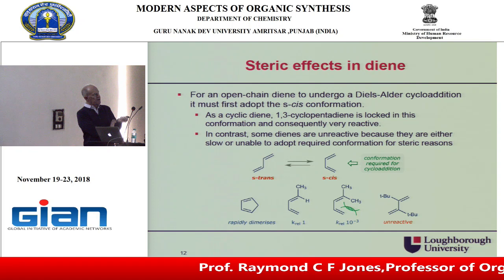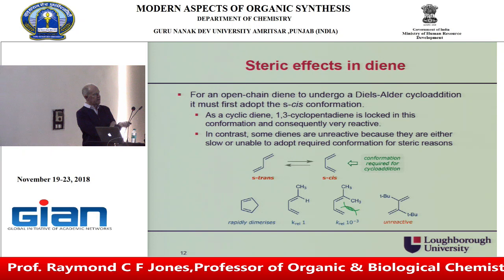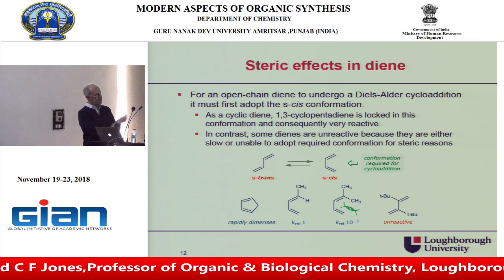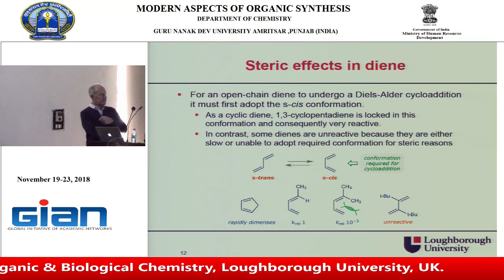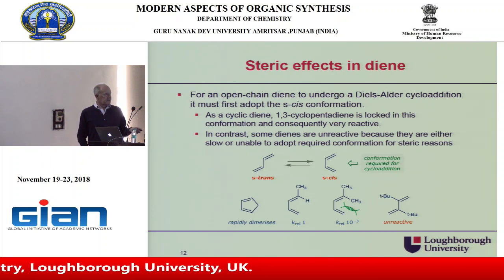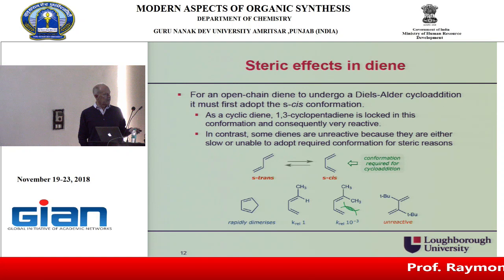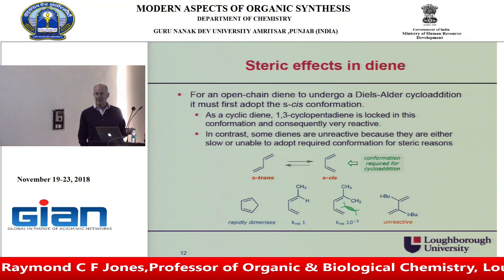This would explain why cyclopentadiene on the whole is very reactive in Diels-Alder reactions, because it's locked in the S-cis conformation by that sp3 center between the two ends of the diene. In fact, cyclopentadiene doesn't really exist at room temperature on its own. It dimerizes. So if you buy it, you buy the dimer, which is where one molecule acts as the diene and another molecule, one of the double bonds, acts as the dienophile, a bit like I showed butadiene itself dimerizing.